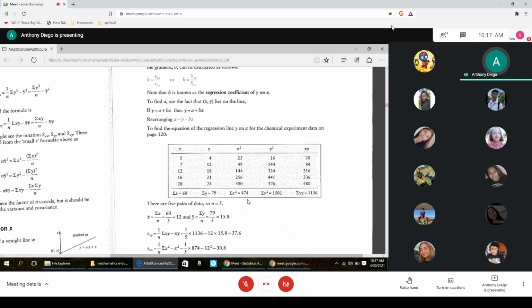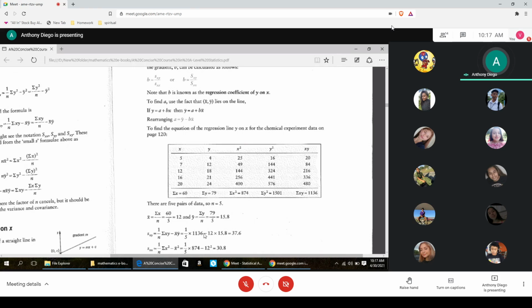Then from that you're able to calculate the mean for x, which is the summation of x, 60 over 5, and the mean of y, which is 79 over 5, which is 15.8. The same thing that we got on the page when I told you that this is 12 and the other one was 15.8.